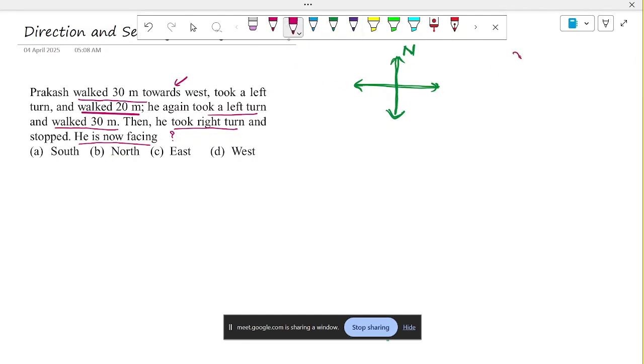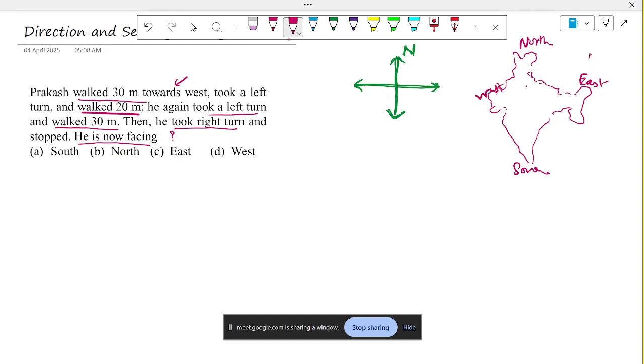Now if you are getting confused, you remember the Indian map. Right, and from this you will be able to identify this is called northern states, and this is called southern states, this is east, and this is west.